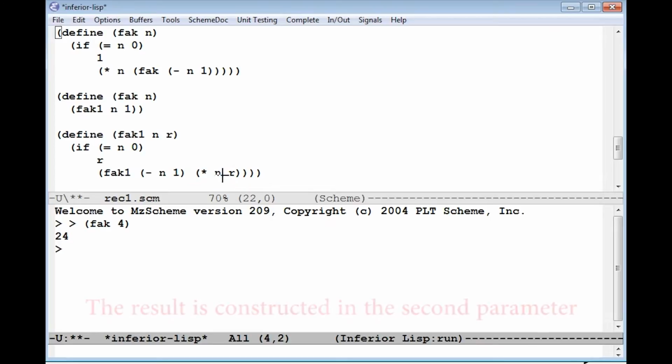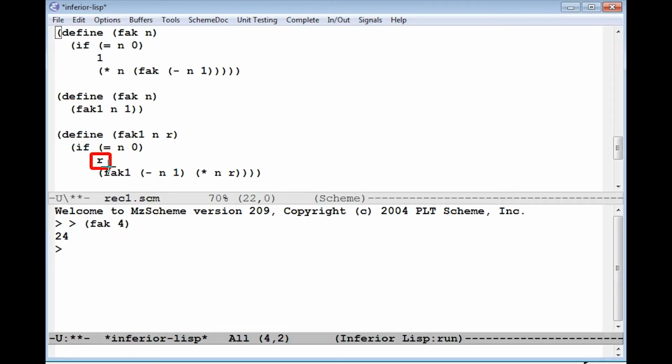So we multiply n by r, and it means that we eventually end up with the result in the second parameter, and when n becomes 0 we have the result in the second parameter.